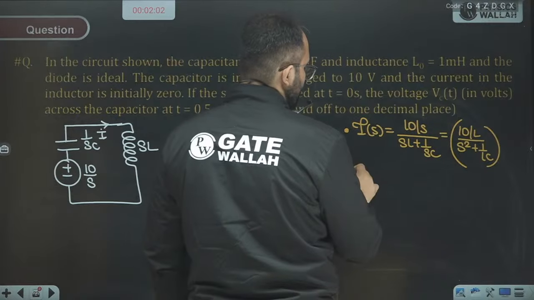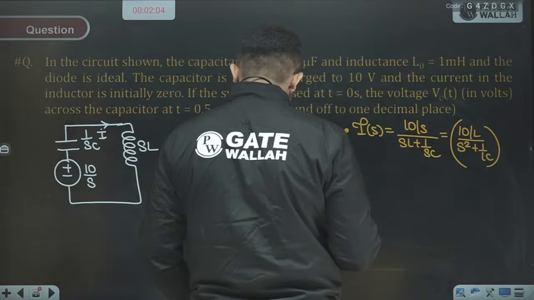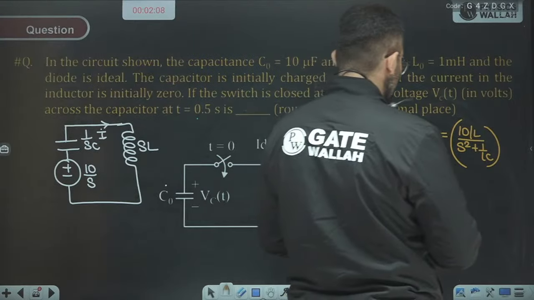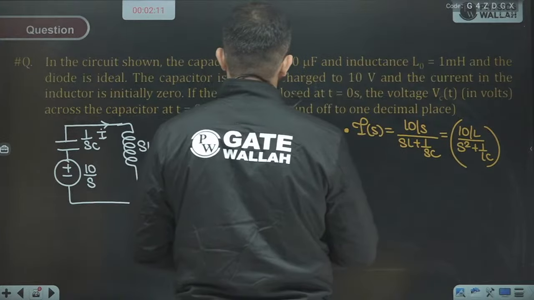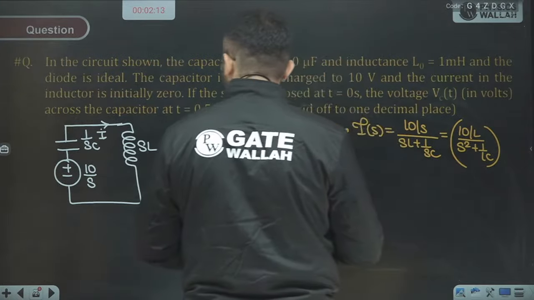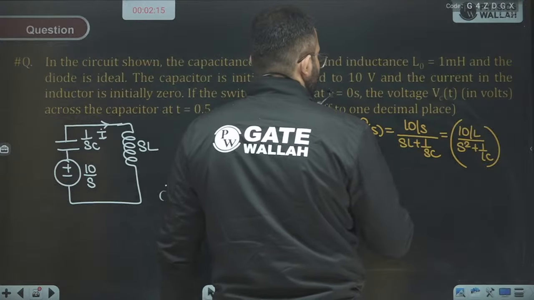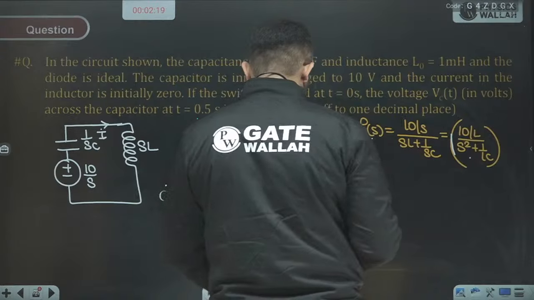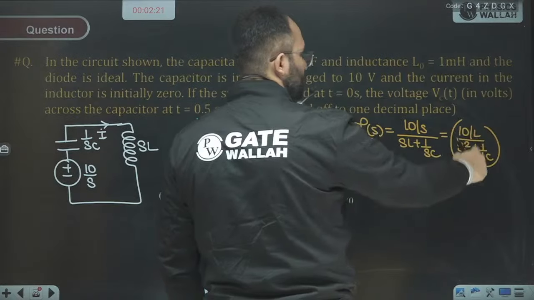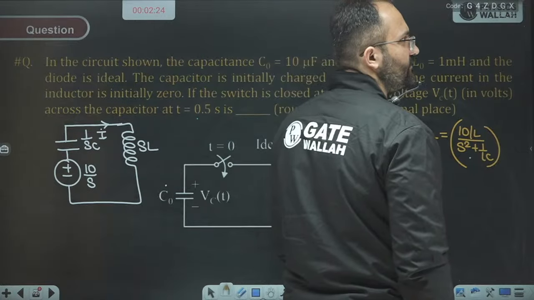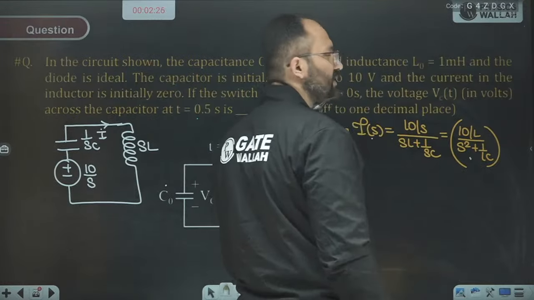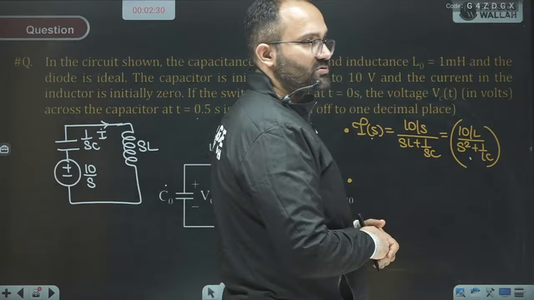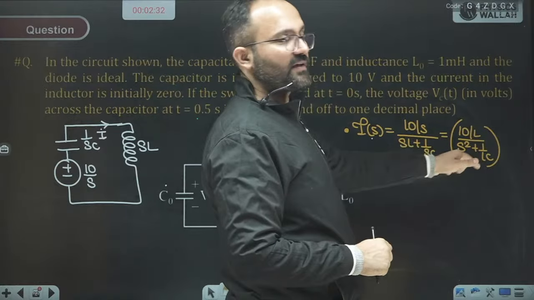Okay. And what will be the voltage across the capacitor or across the inductor? We can easily find that also. What will be the current? In Laplace, this current is, I think, a cosine, right? This is your sine wave.